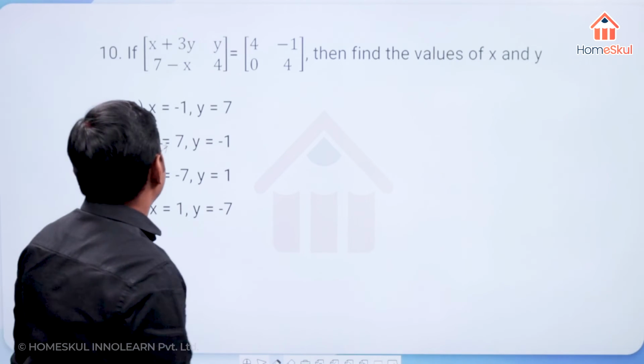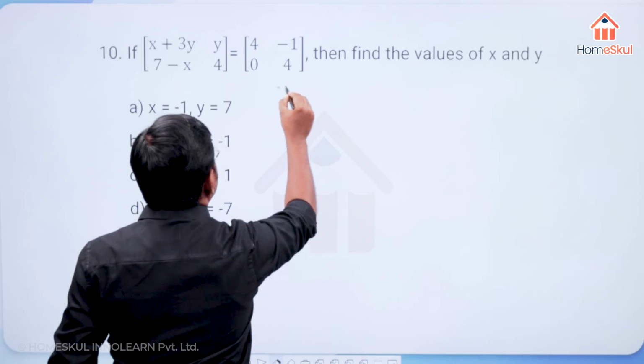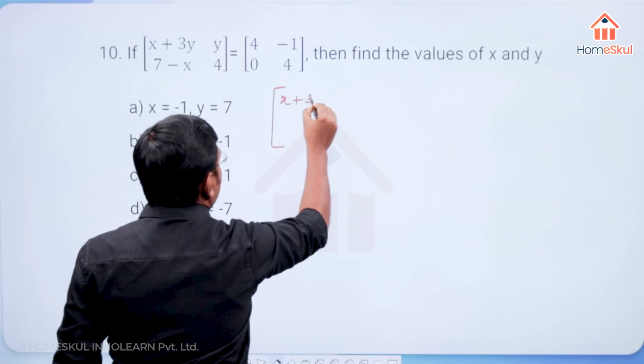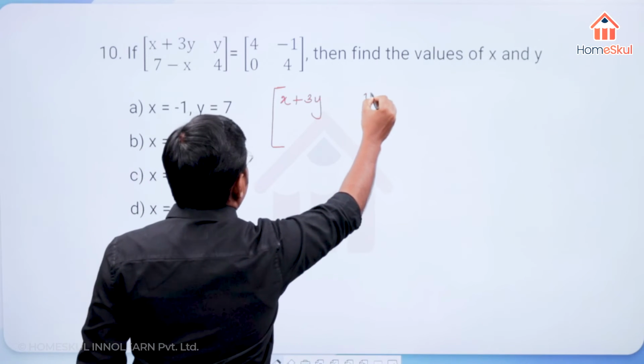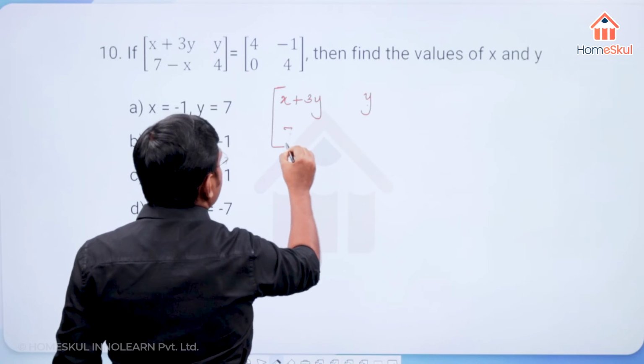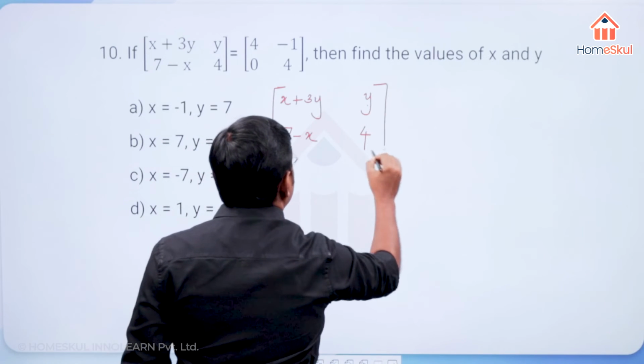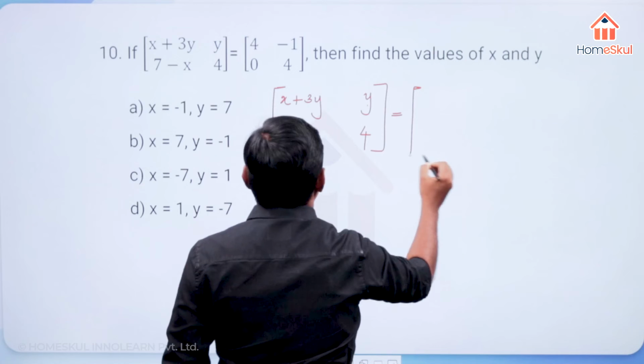Let me check. Yes, clearly given. It's a 2 by 2 matrix: x plus 3y, y, 7 minus x, and 4. This is equal to, so equality matrix is given, right?